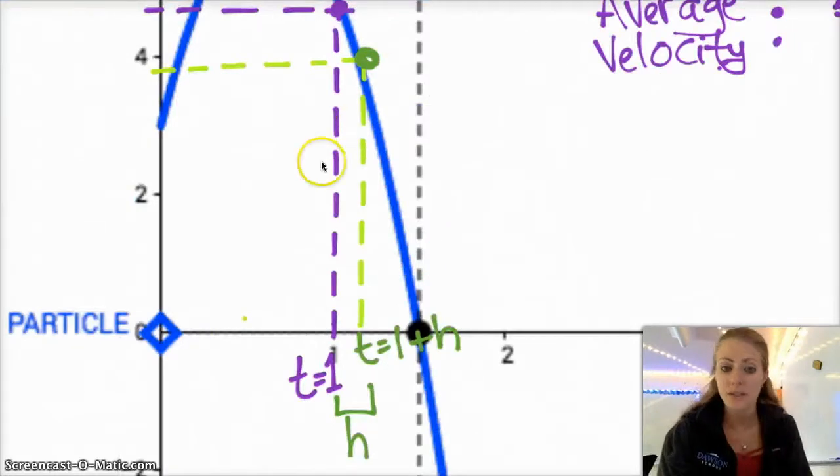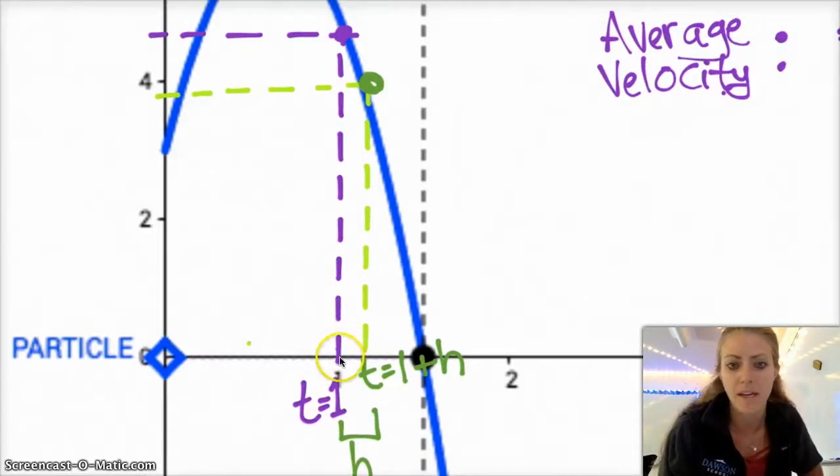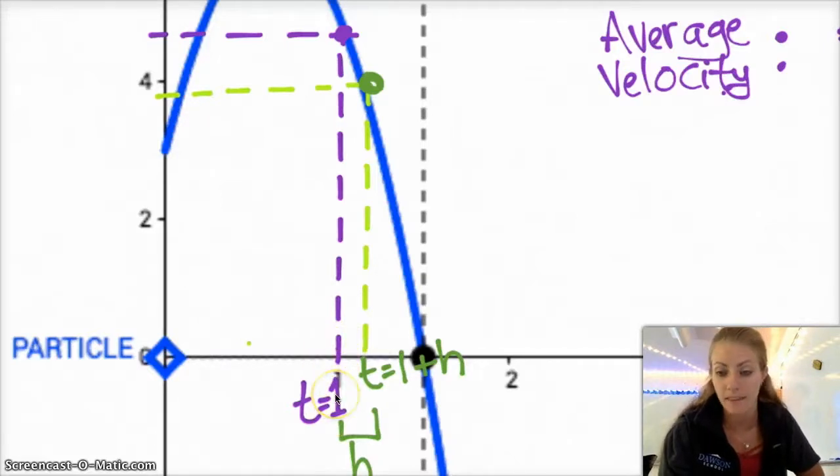So what I'm going to do is look at the difference between T1, the time I'm interested in looking at, and a time that's a small distance away from it. So in this case, right, T is 1 here, and that's what I'm interested in. And I'm going to go over a very, very small amount. Let's call it h.